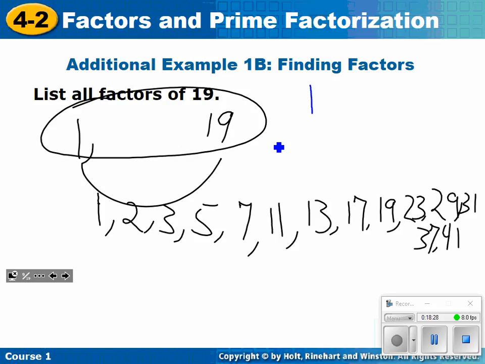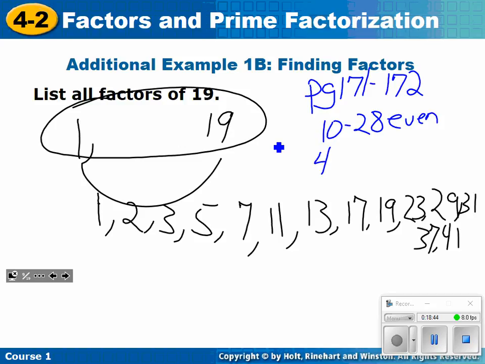It's page 171 to 172, 10 to 28 even, and then 40, 50 even. I want you to show work.